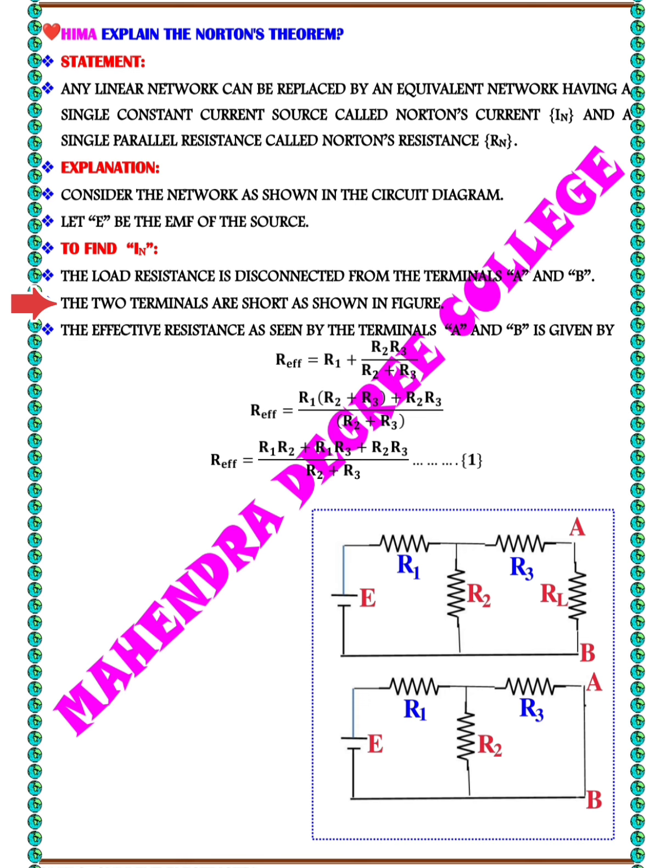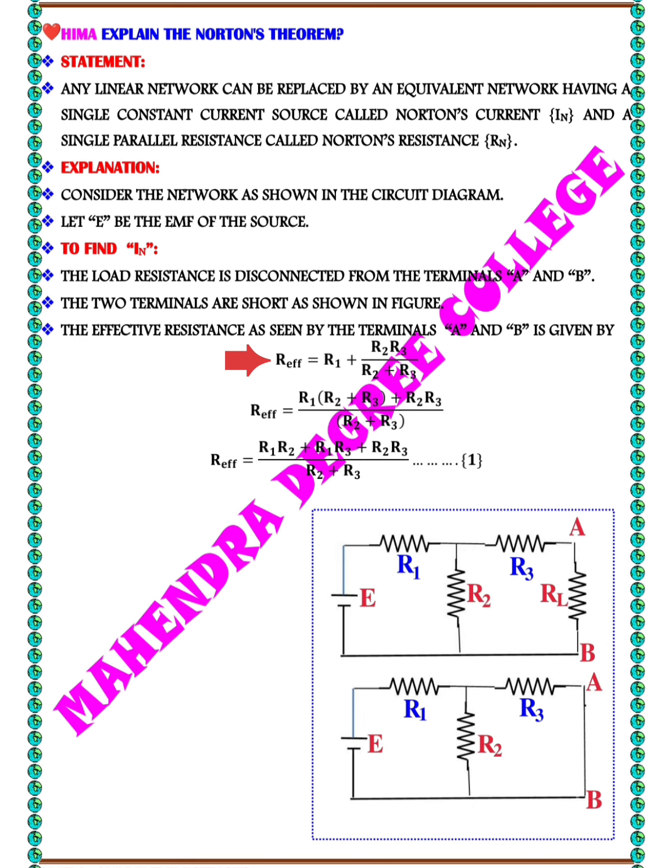The short circuit current is Norton's current IN. The effective resistance as seen from the terminals A and B is R1 plus R2 R3 by R2 plus R3.